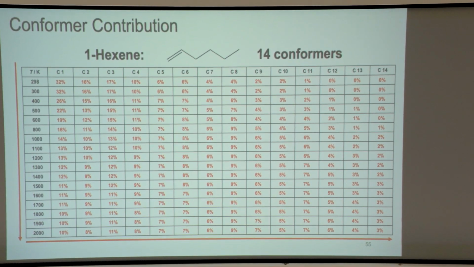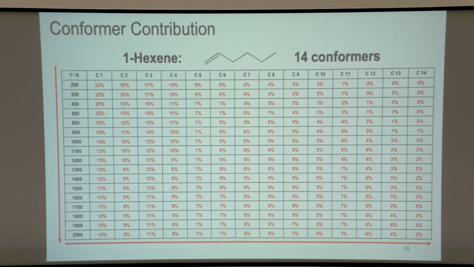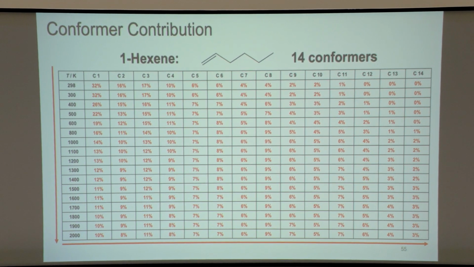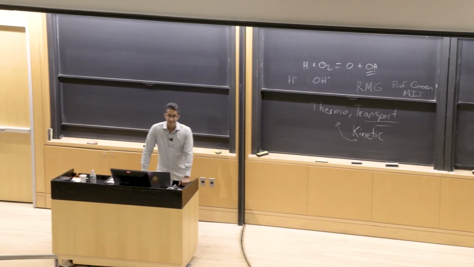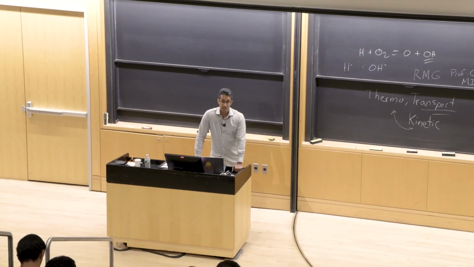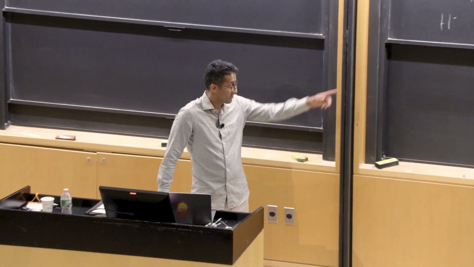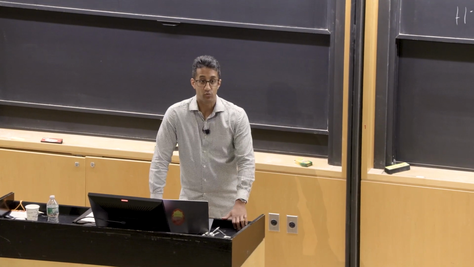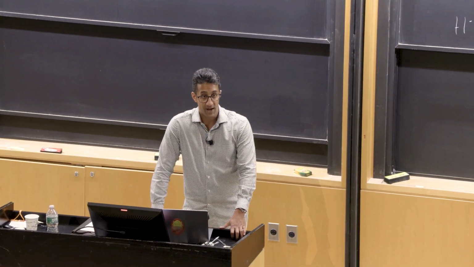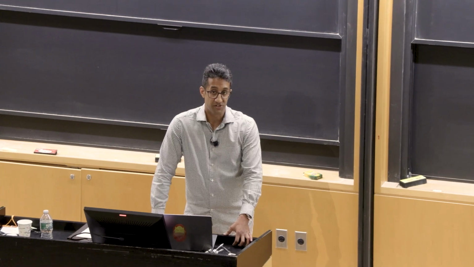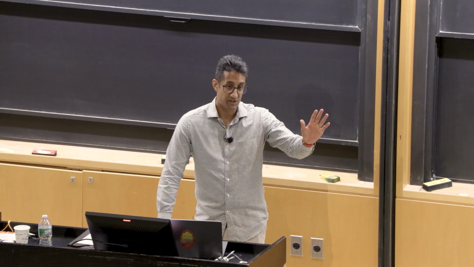You could do this, but our approach now is let's calculate it for several thousand species. So we have a collaboration with Professor Green at MIT. We calculated for 20,000 different hydrocarbons and radicals that you find in combustion systems, and then just train a machine learning model.